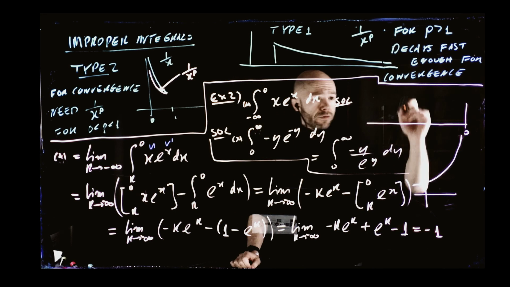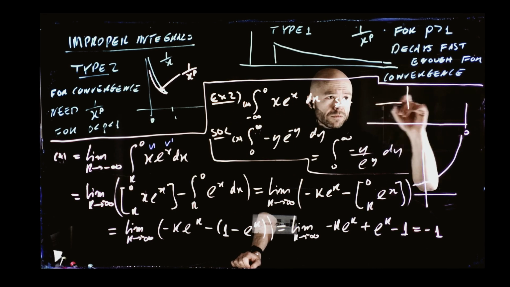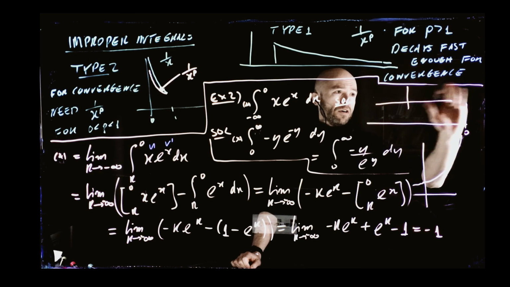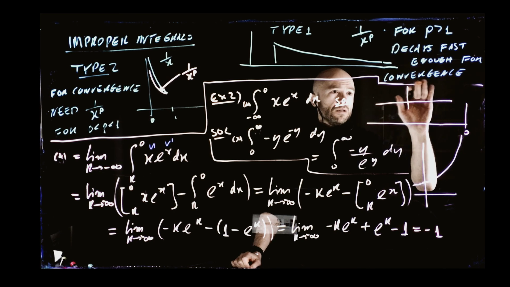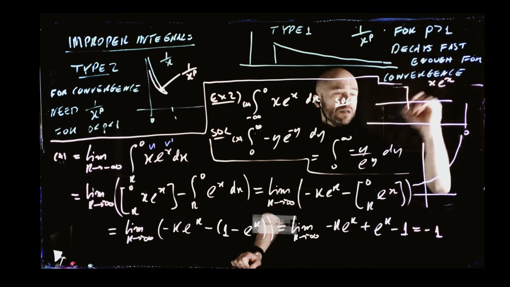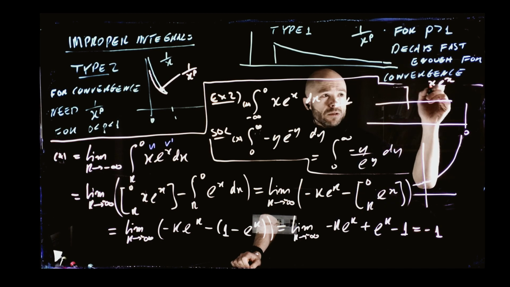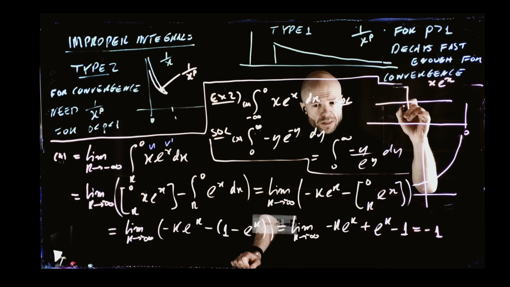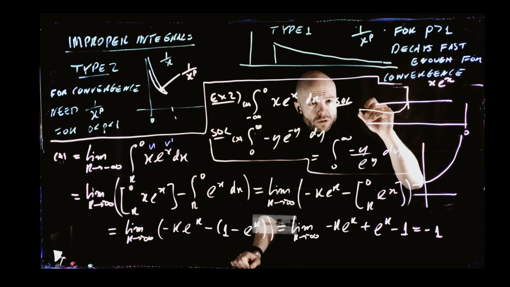So the graph of x e to the x, when x is equal to 0, it's 0. Yeah? But then for every x less than 0, it's got to be negative. Yeah? So initially, this will go down a little bit, but then it's going to go more and more towards 0.